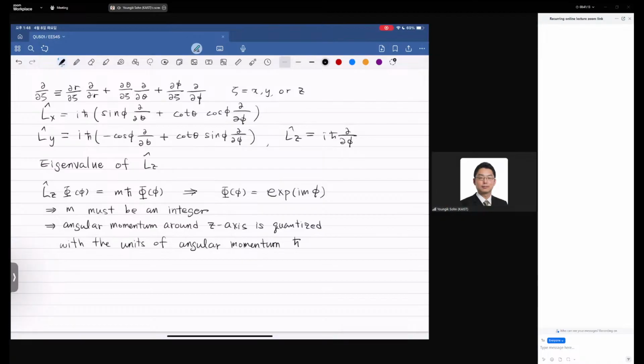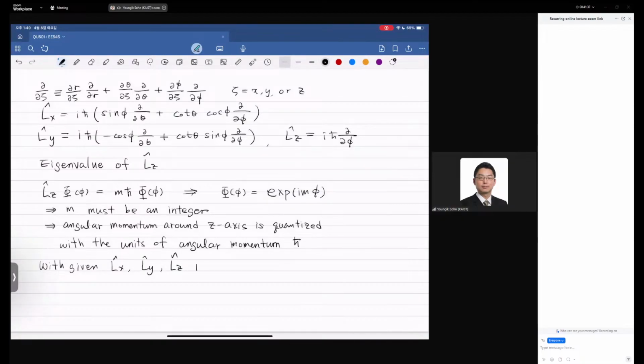I won't go much deeper in detail for Lx, Ly now, but let's just verify this with the given Lx. We calculated Lx in terms of spherical coordinates, and Ly, Lz.